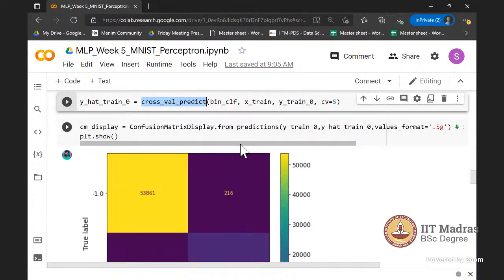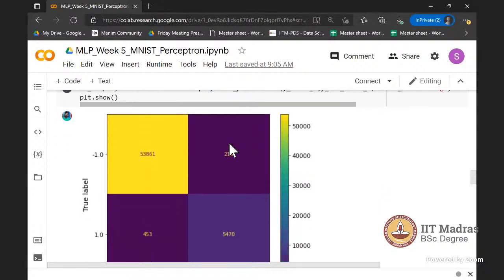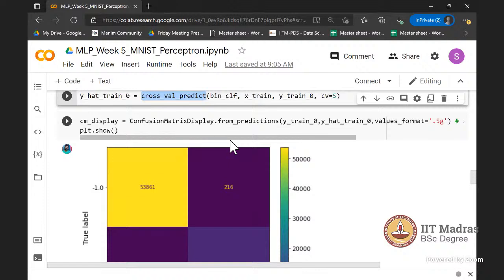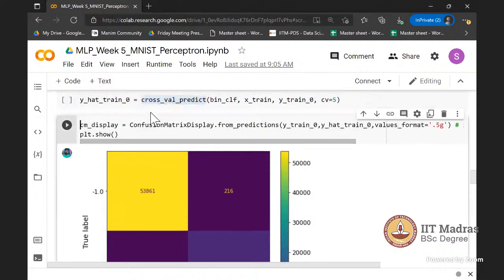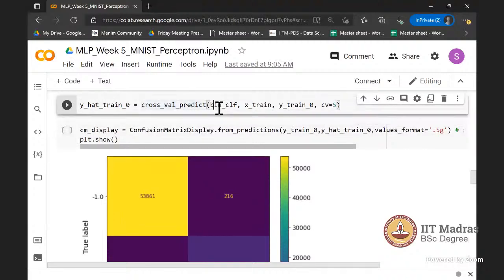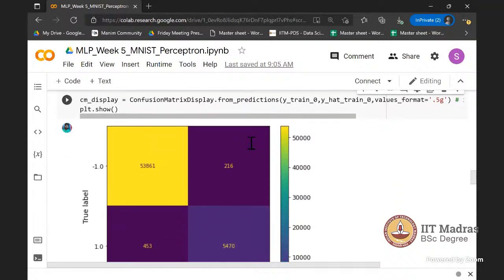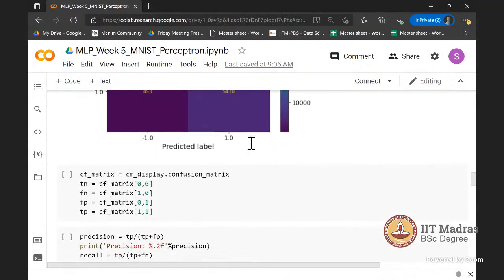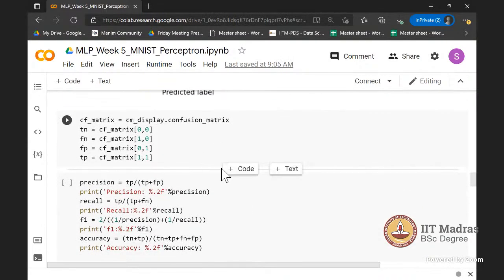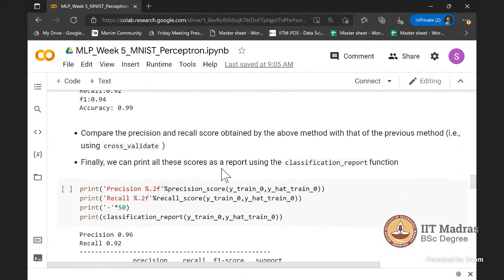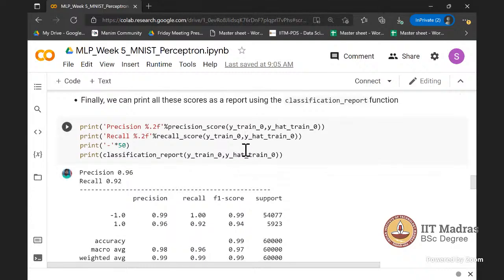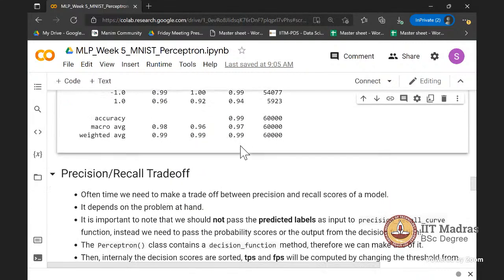So what we are doing here is creating the confusion matrix from the predictions of the cross validation procedure. Next, computing precision, recall, accuracy, and F1 scores. Then looking at the classification report.